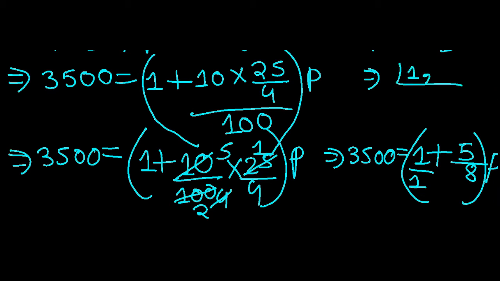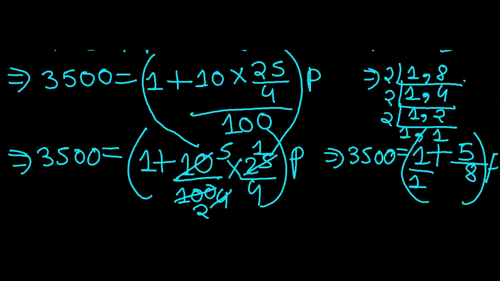So 1 comma 8, 2 fours are 8, 2 twos are 4, and 2 ones are 2. So the LCM is 2 into 2 into 2, which is 8. So 1 into 8 and 8 into 1.